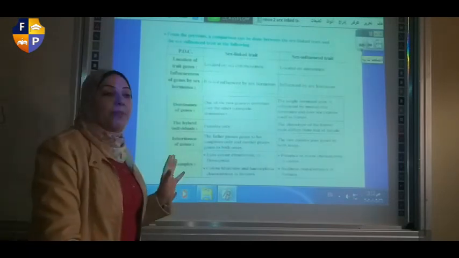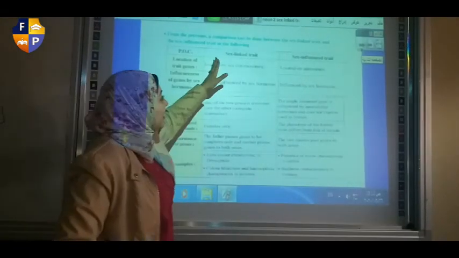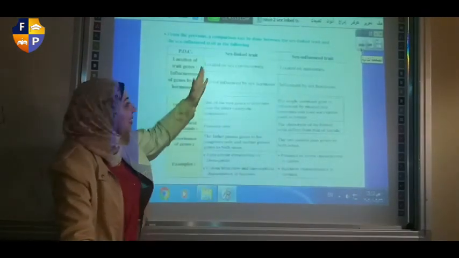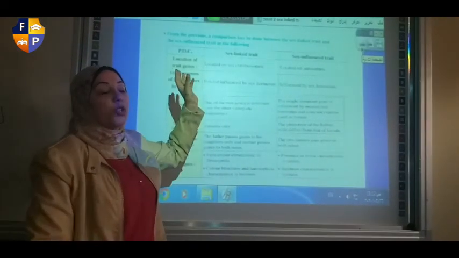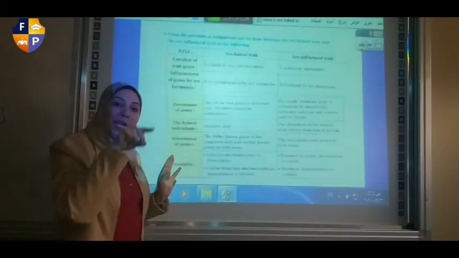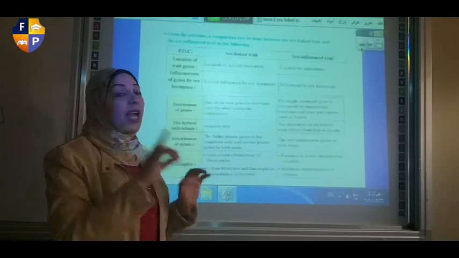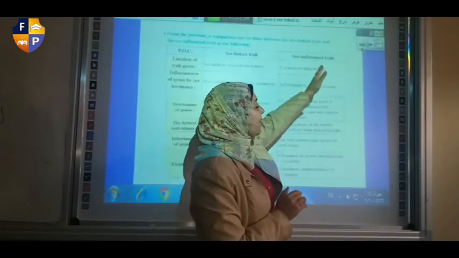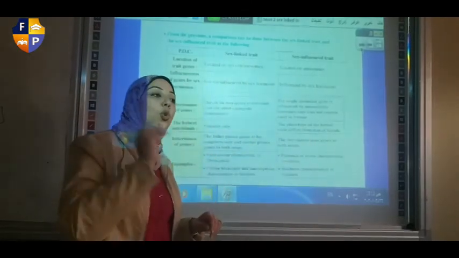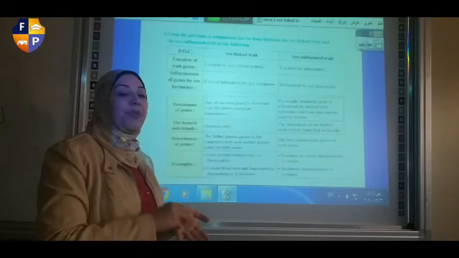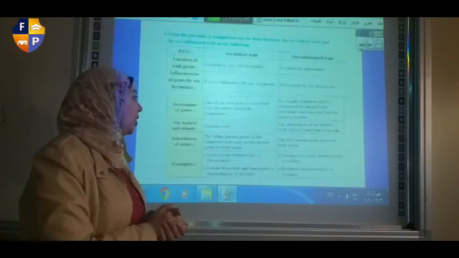Okay, so now we make a comparison between sex-linked traits and sex-influenced traits. We say that a sex-linked trait is a trait whose gene is present on sex chromosomes, which may be X or Y chromosomes, and isn't affected by any hormone. While sex-influenced traits are present on autosomes and are also affected by sex hormones, which affect the dominance of a gene.